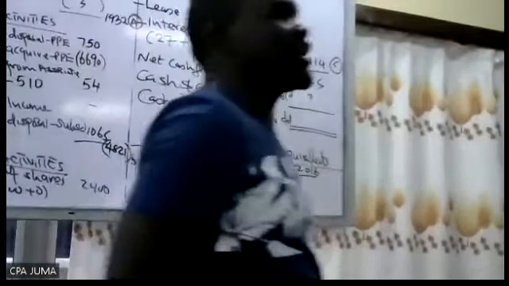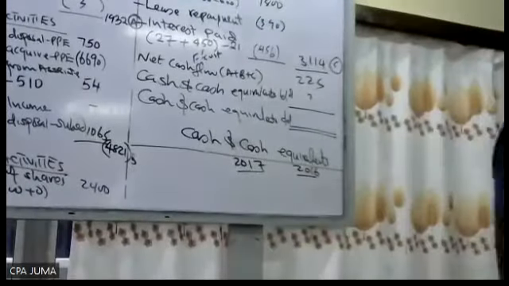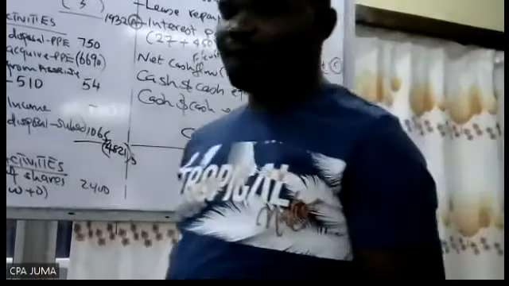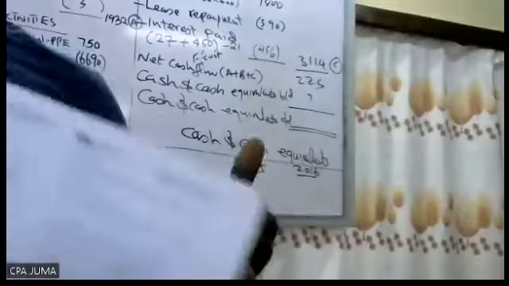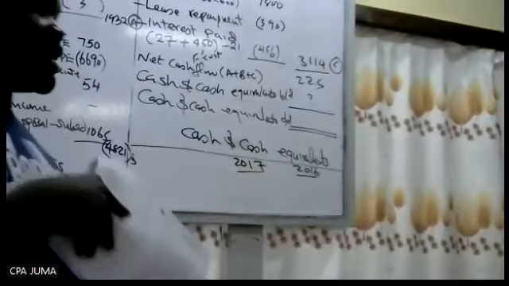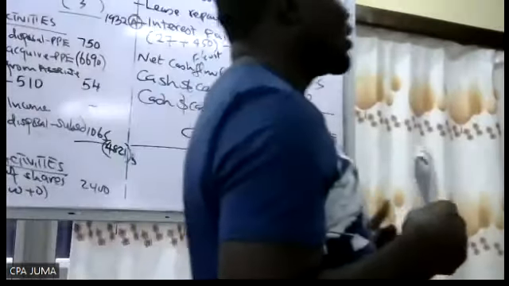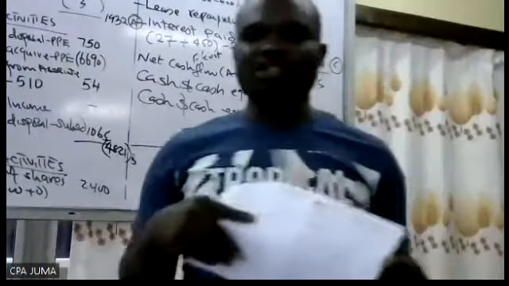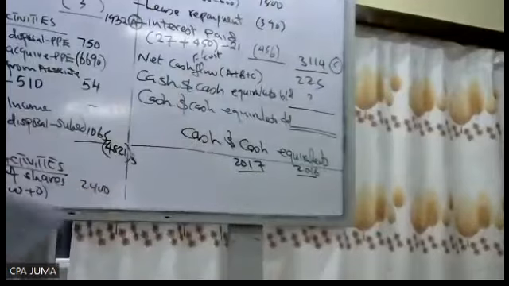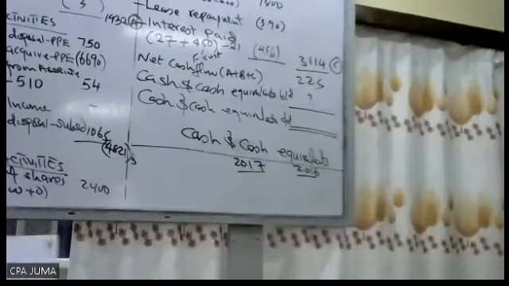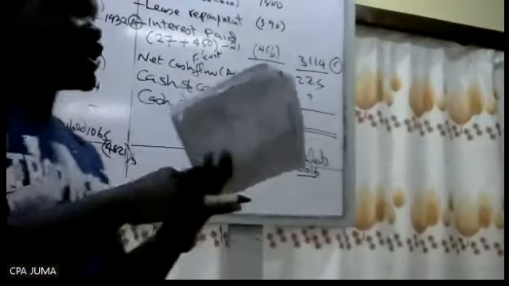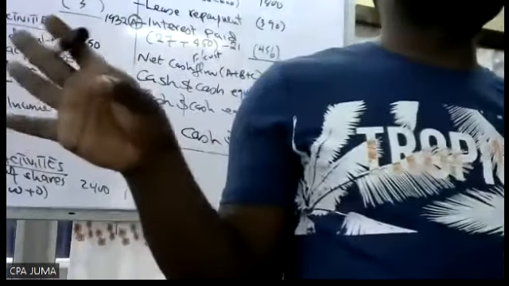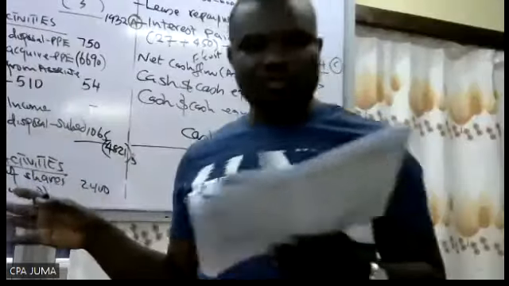Let us read cash equivalent. Cash in hand and demand deposits. Short-term and highly liquid investments. Leave it there. So when we talk of cash and cash equivalents, we are talking of cash in hand, cash at bank, liquid investments, financial assets that are traded in the stock market.